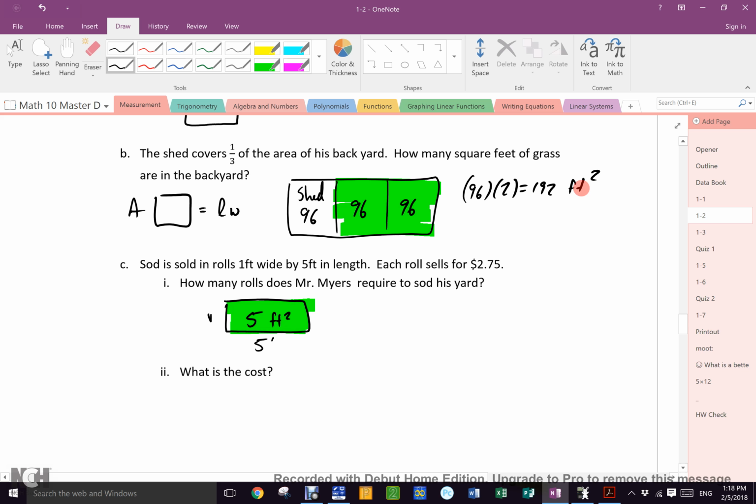So what math do I have to do? 192 divided by 5, which gives me what for a number when you do that with your calculator? Because somebody did it, but not everybody did it. What is it? It's going to be a decimal, because this didn't end in 0.